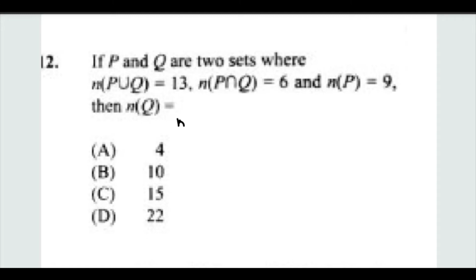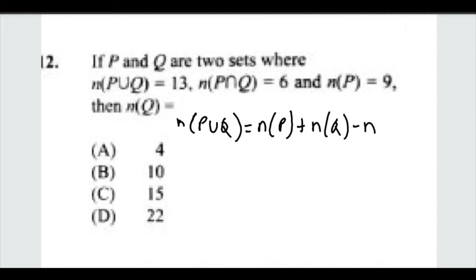Like the last time, the number of elements in P union Q is equal to the number of elements in P plus the number of elements in Q, subtract the number of elements in P intersect Q.